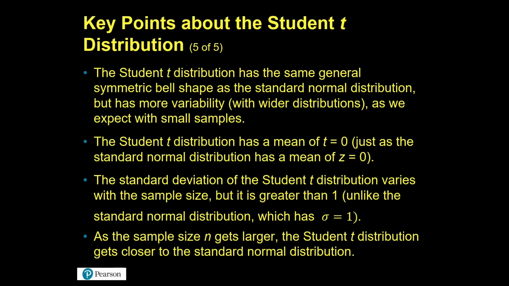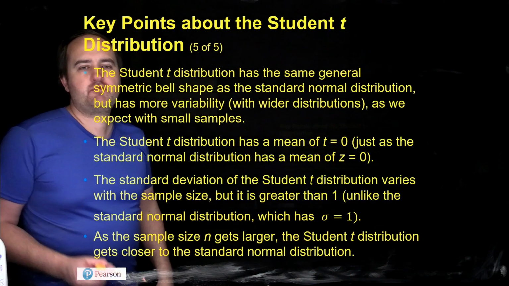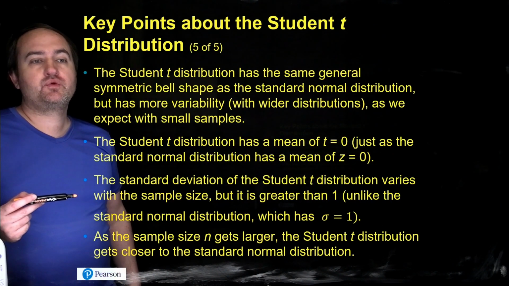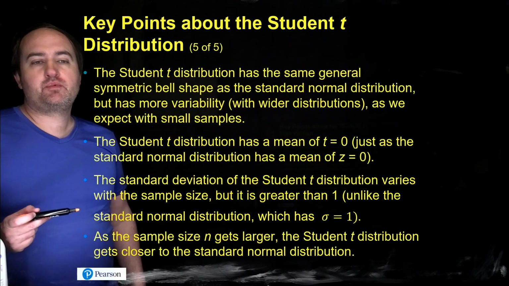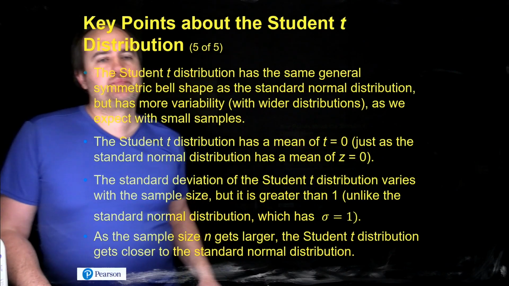All right, so in the middle of the graph, just as we saw with the standard normal distribution, z equaled 0 in the middle of the graph, but here our variable is t instead of z. Okay, the standard deviation of the student t distribution varies also with the sample size, but it is greater than 1. So remember, in the standard normal distribution, sigma equals 1.